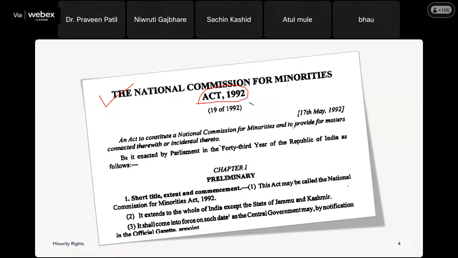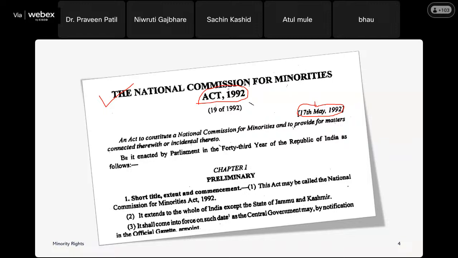In fact, if you look at the dates of commencement, this Act has come into force on 17th May of 1992, whereas the international declaration which we spoke about has come into existence in the month of December 1992.